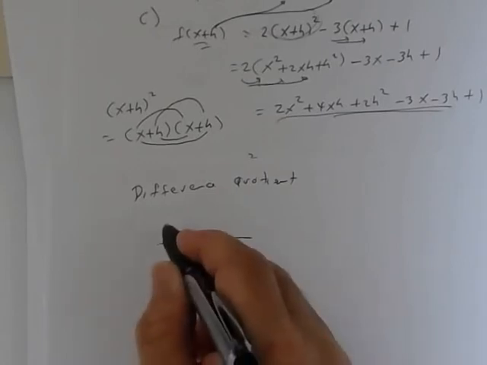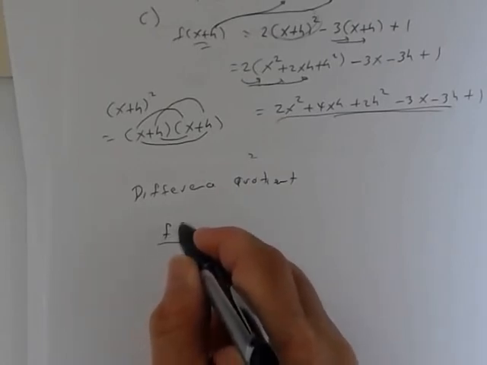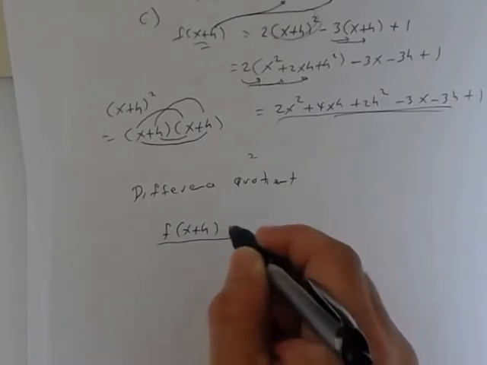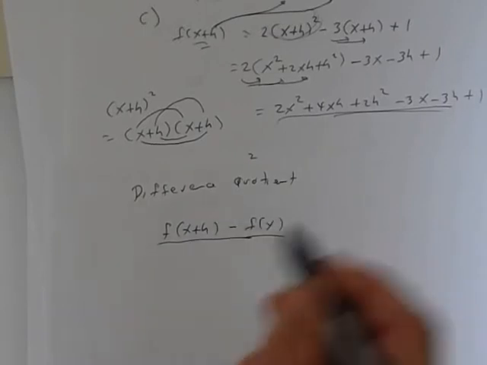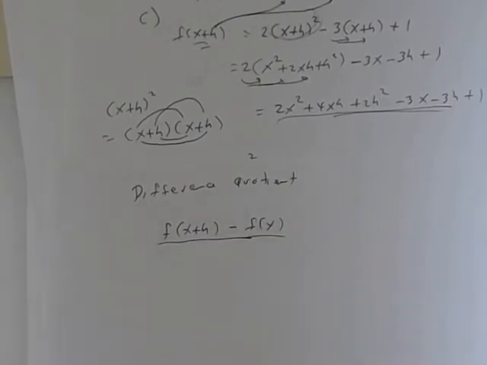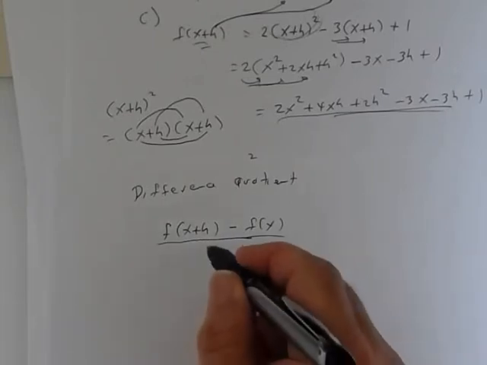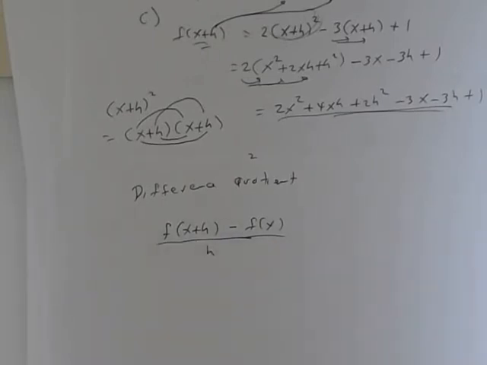The numerator is going to be f of x plus h minus f of x. That's your numerator. So notice, see that f of x plus h? The denominator is going to be h. So that's the difference quotient. Now unless you saw that video, the first part, you don't know what this means. But that just means the slope of a secant line.